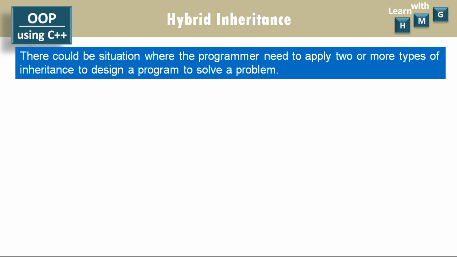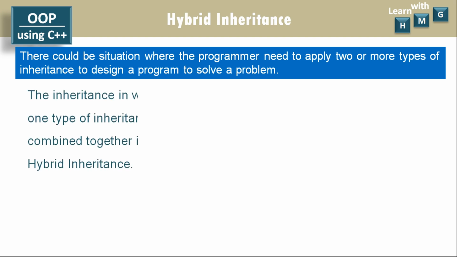A single type of inheritance is not sufficient, and that's why the programmer may need to apply two or more types of inheritance to solve the problem.